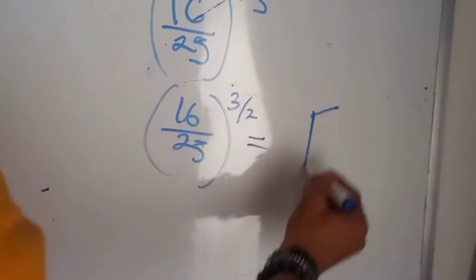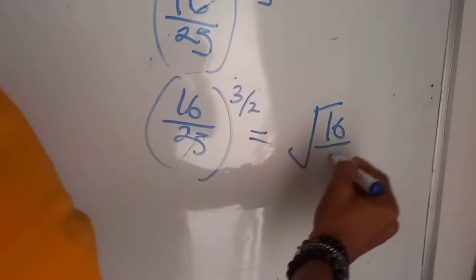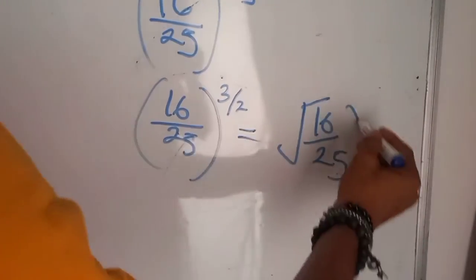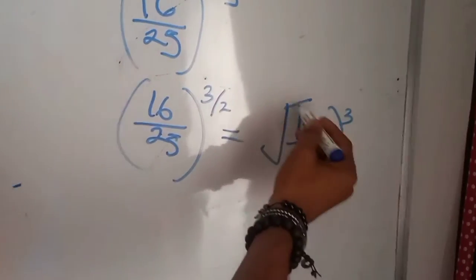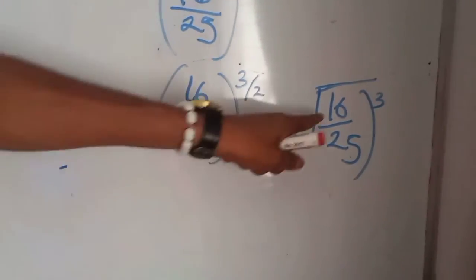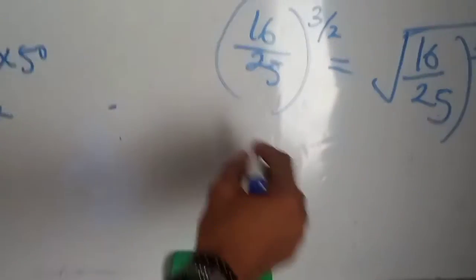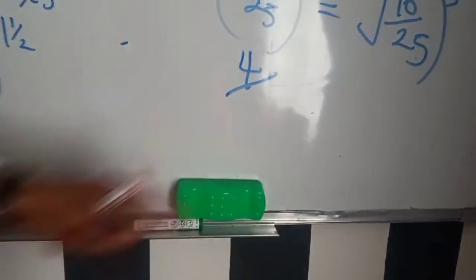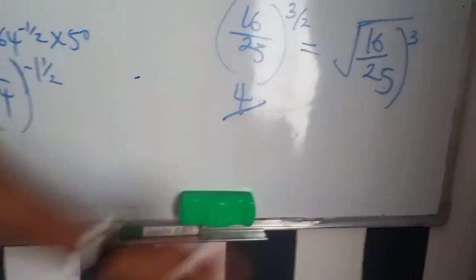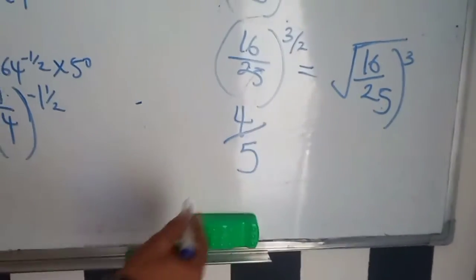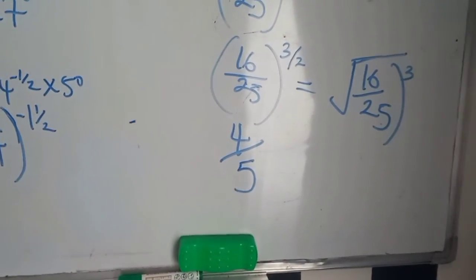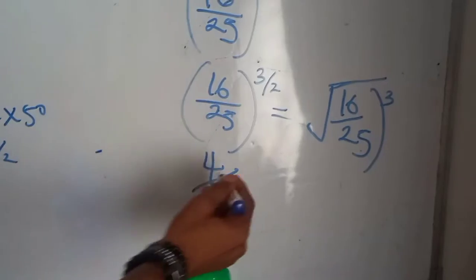So the square root of 16 over 25, raised to 3. The square root of 16 is 4, because 4 times 4 is 16. So 4 over the square root of 25, which is 5, which means it is raised to 3.